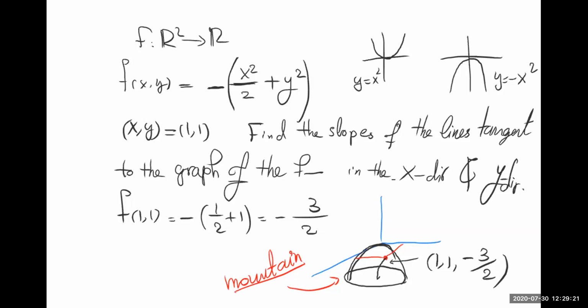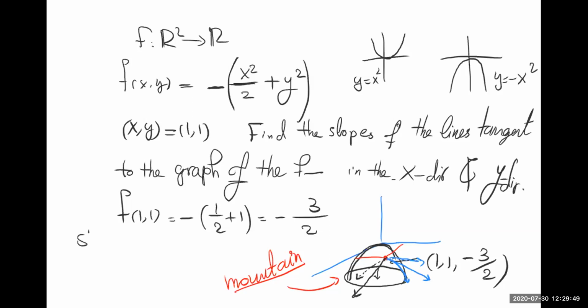If you try to go parallel to the x-axis, but you are on the mountain, you would go down like that. The tangent line to your trajectory would be like this. If you want to walk parallel to the y direction, you would go down like this. The tangent line would be the partial derivative, partial f, partial y.